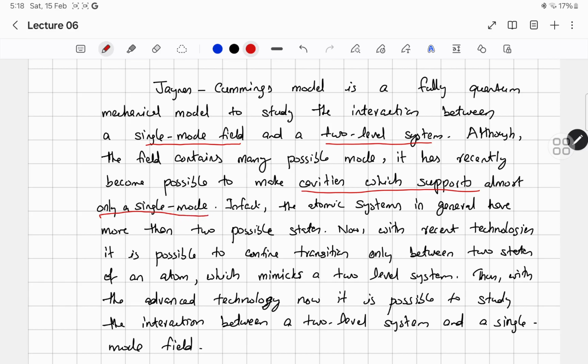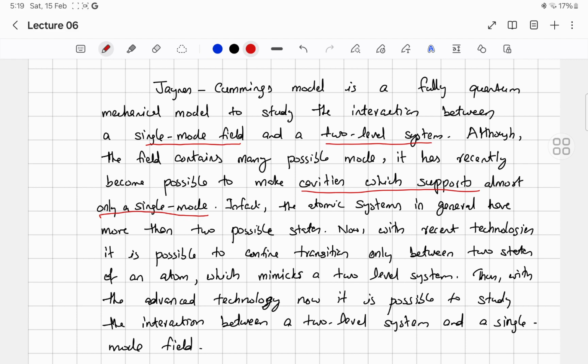Similarly, if you look at an atomic system, it may in general have many possible energy levels. Suppose you take the hydrogen atom. It can have different energy levels: its lowermost energy level has principal quantum number n equal to 1, then n equal to 2, n equal to 3. But now it is possible to control the transition between these atomic levels.